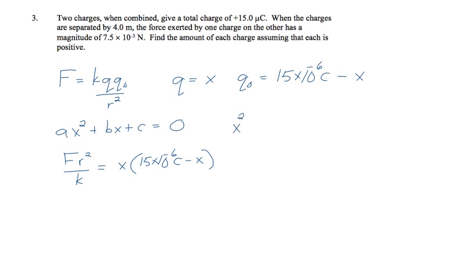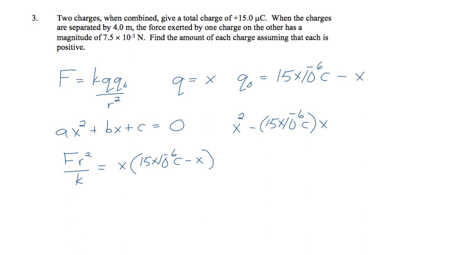Then I'm going to have x times that. That's going to be my Bx term. So on the right side, it's a positive, so I'm going to bring it over here. And that's going to equal minus 15 times 10 to the negative 6 coulombs x. So that's my second term.